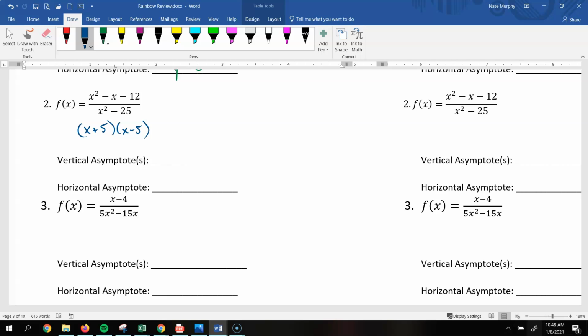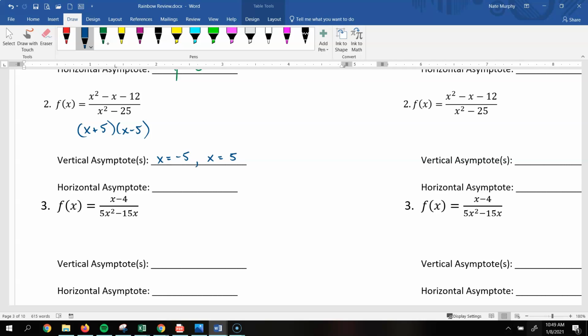So I would get x equals negative 5, and the second factor would give x equals positive 5. You do not want to write these as x equals negative 5, comma 5, because each asymptote is its own equation.